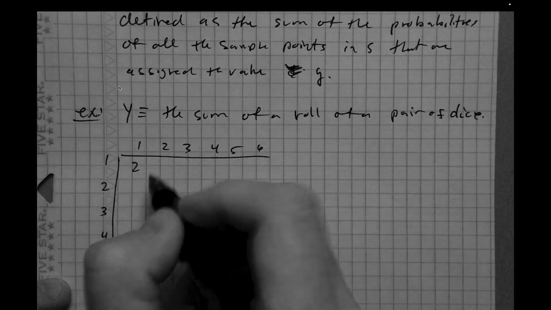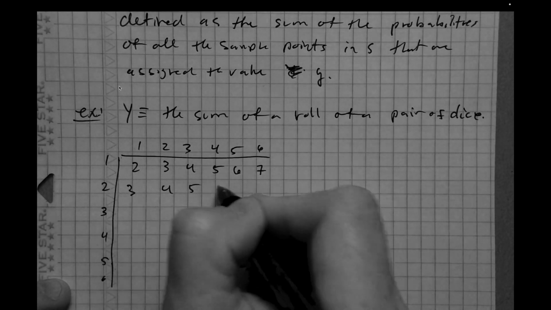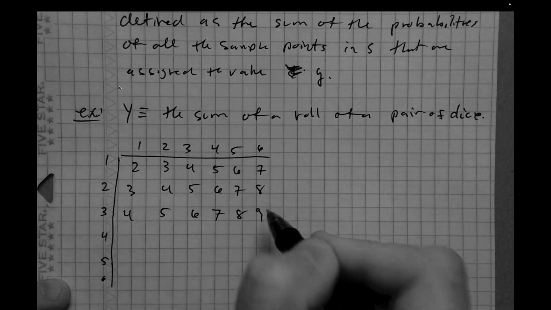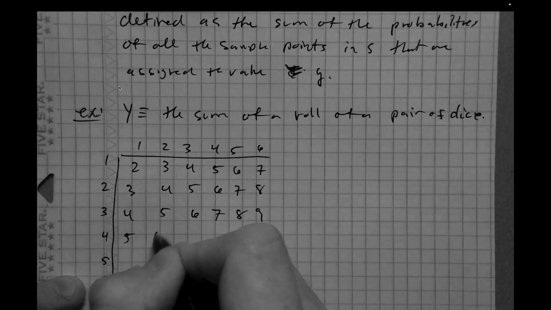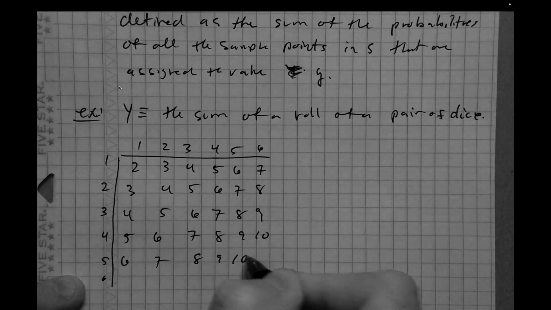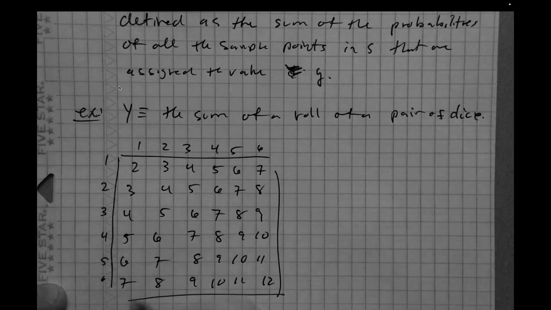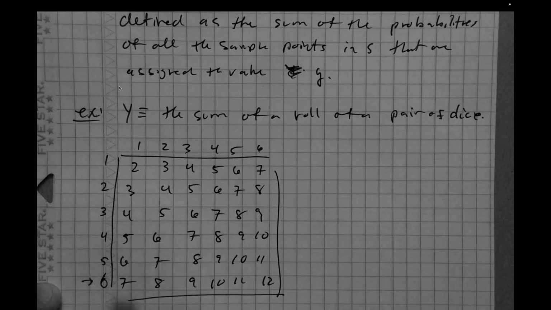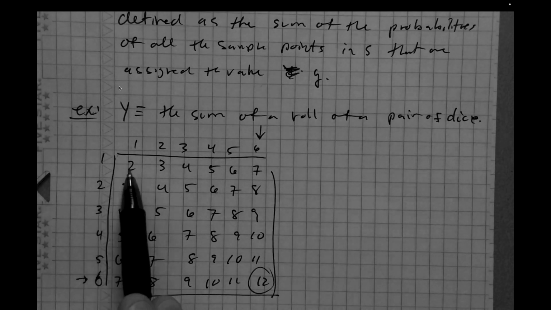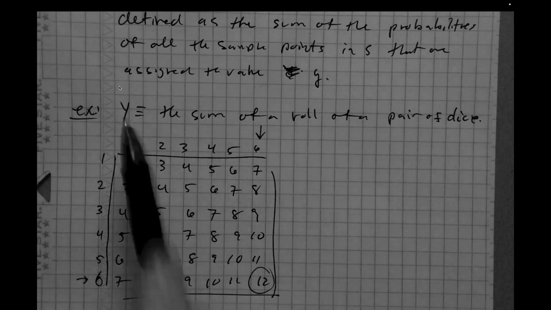The sums are 2, 3, 4, 5, 6, 7; 3, 4, 5, 6, 7, 8; 4, 5, 6, 7, 8, 9; 5, 6, 7, 8, 9, 10; 6, 7, 8, 9, 10, 11; and 7, 8, 9, 10, 11, 12. If I roll a 6 on the first and a 6 on the second, the sum is 12. You can think of this as the sample space for this random variable Y.